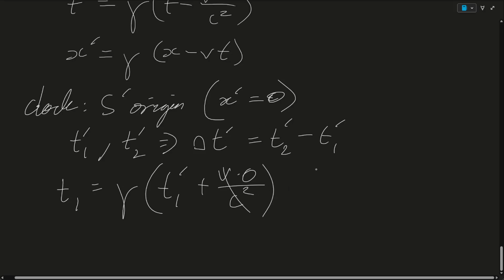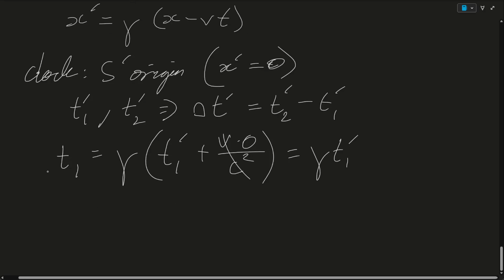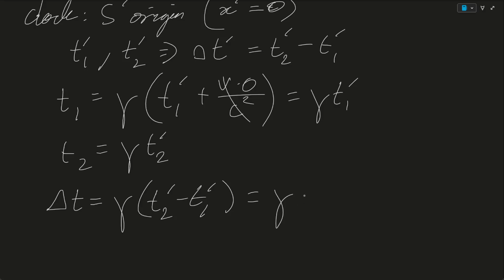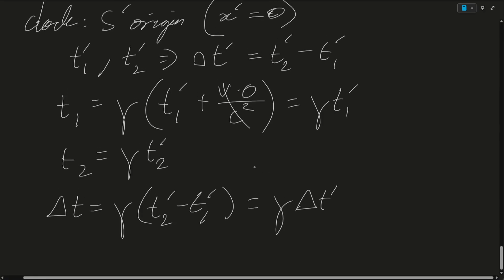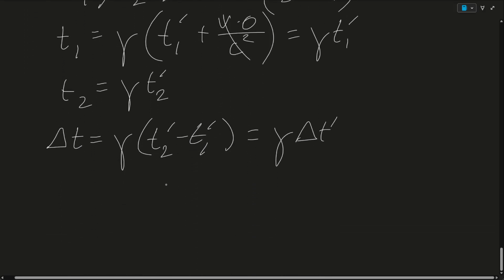That's just going to be, because of the times 0, simply gamma t1 dash, and t2 is then also gamma t2 dash. So that gives us a delta t of gamma times t2 dash minus t1 dash, which is just gamma times our delta t dash, that being exactly the same thing we have there.